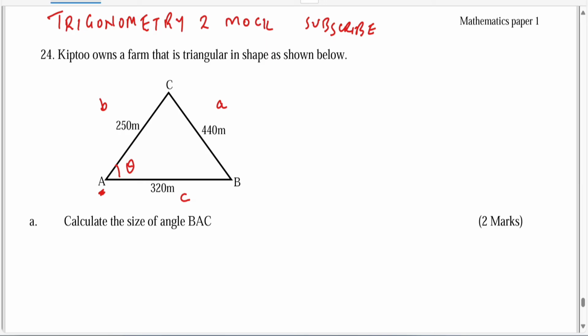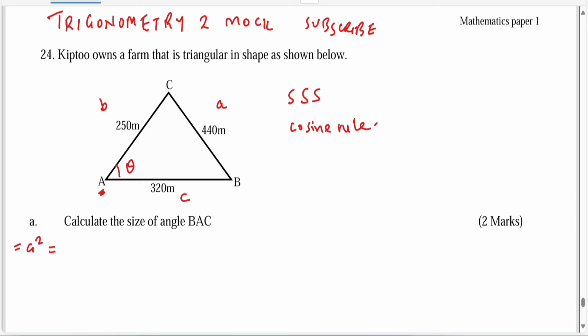So since we have three sides, you use cosine rule. Tutumia cosine rule kwa hiyo swali. So let's use cosine rule. So cosine rule is given by which formula?